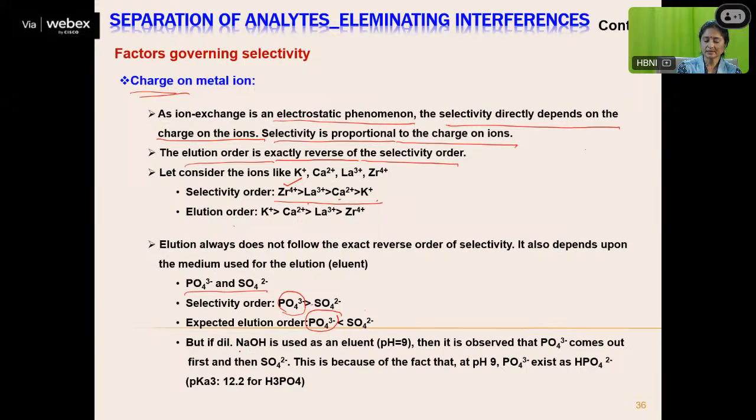When dilute NaOH is used as eluent, it is observed that phosphate comes out first, whereas it should be expected later, with sulfate first. This is because at pH 9, phosphate actually exists as HPO4 2 minus. Now this ion's charge is the same as sulfate, and therefore the order changes.